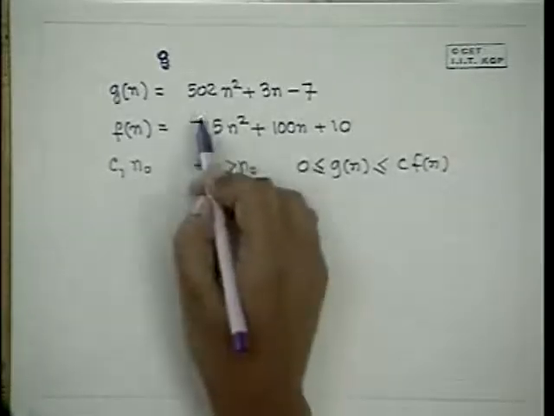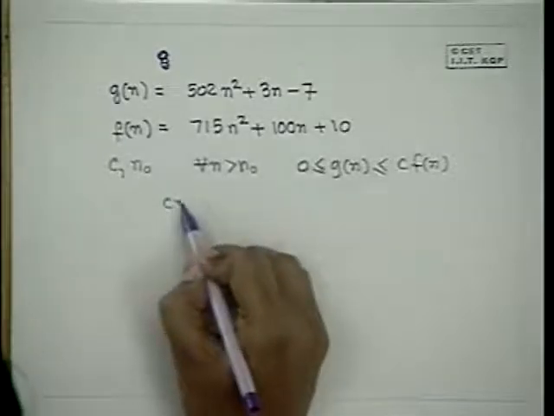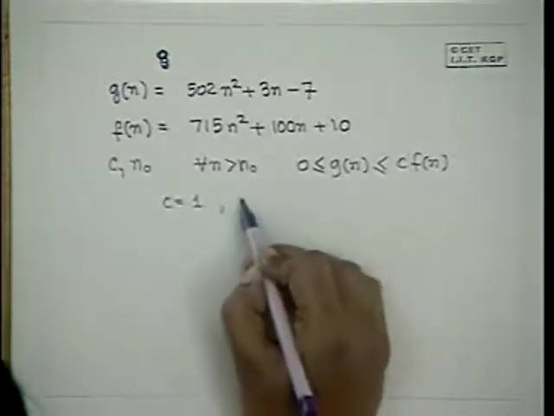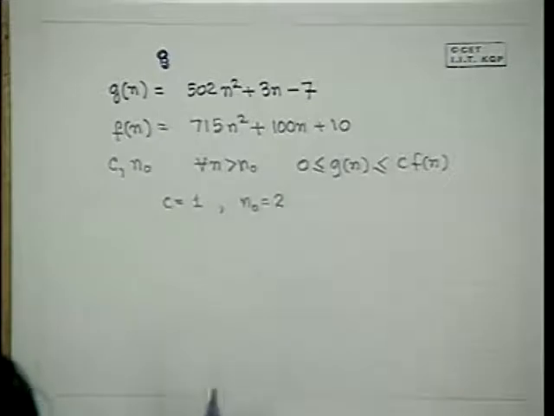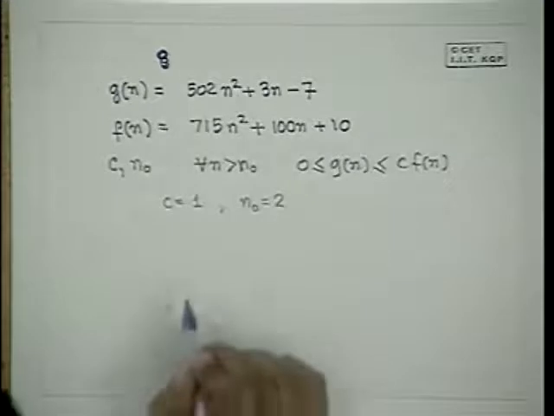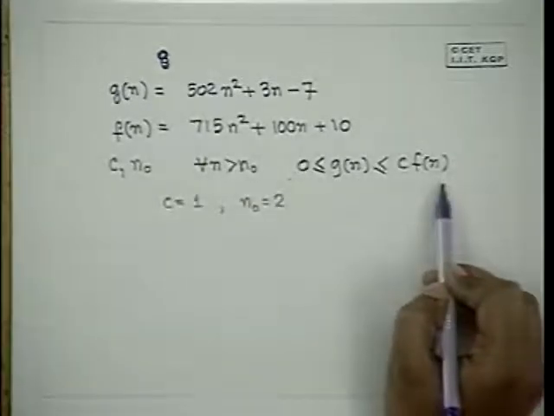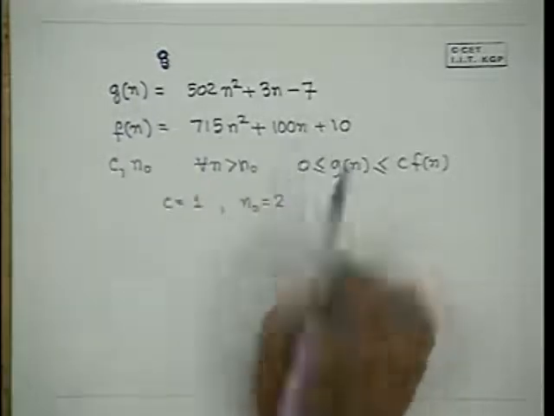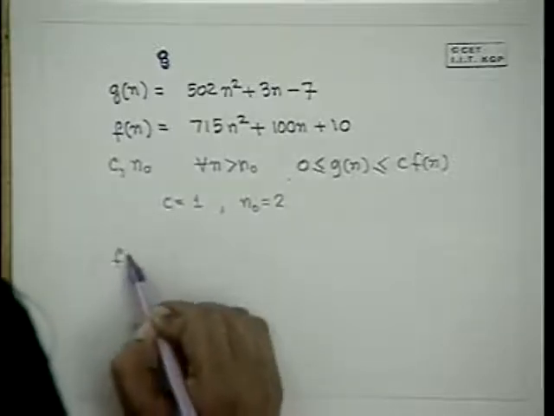Here the choices are very simple and obvious. You choose C equal to 1 and N0 equal to anything, 2. You will satisfy this condition. So you will say that G(n) is upper bounded by F(n). Let us take another F(n).